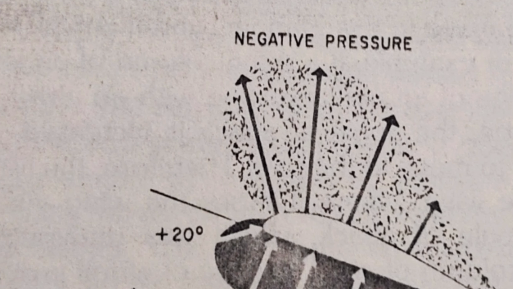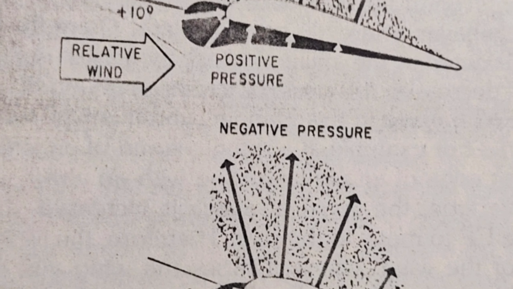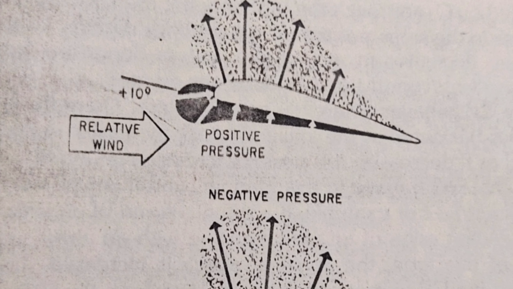These readings can be used to develop diagrams as shown in the figure I am giving you, which illustrates the pressure distribution on a certain airfoil surface at -5, +10 and +20 degree angle of attack. Solid black areas represent regions of positive pressure and the gray areas represent regions of negative pressure.